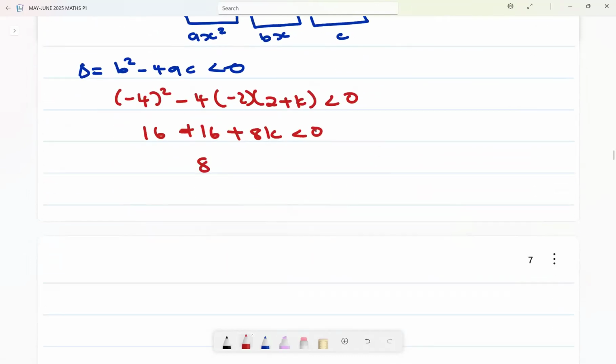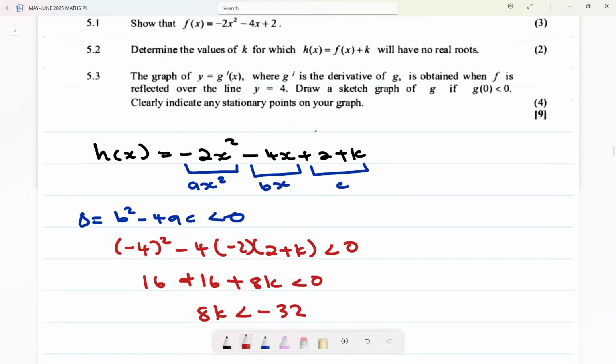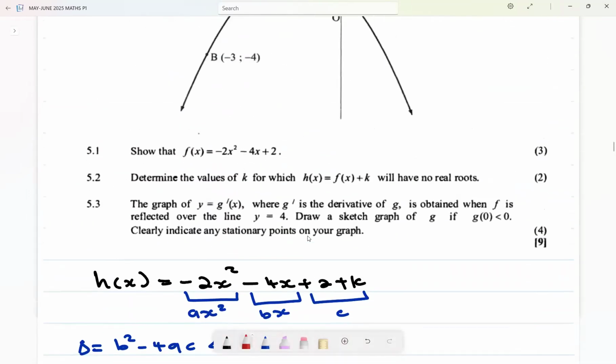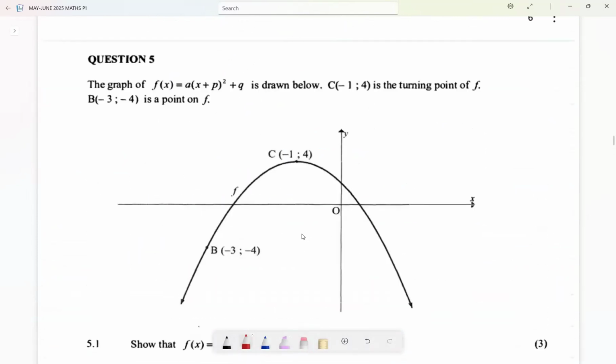I can take this 32 to the other side, it's going to be negative 32. So I need k to be less than negative 4. Okay, I need k to be less than negative 4.